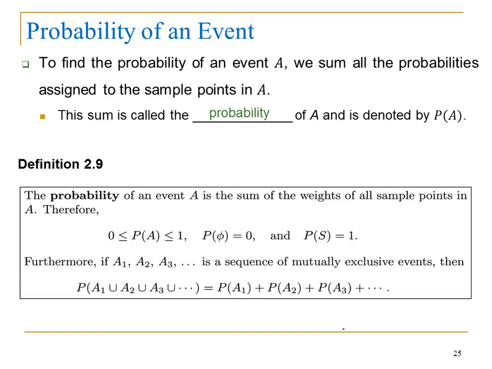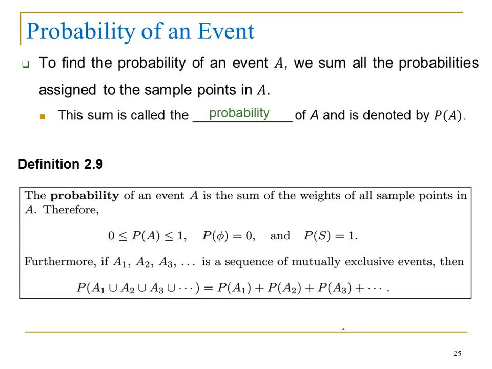Okay? So furthermore, if A1, A2, A3, and so on is a sequence of mutually exclusive events, then the probability of the union is the summation of the probabilities of the events. So let me show you with a picture what that means. Anyone remember what mutually exclusive is? No overlapping, right?